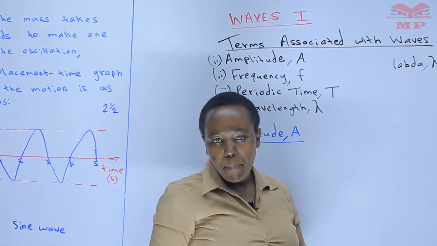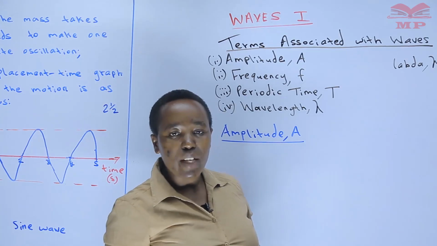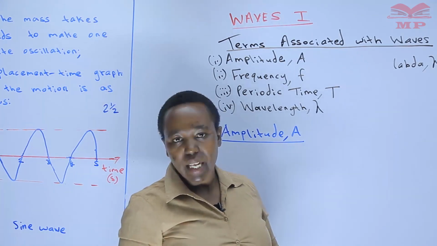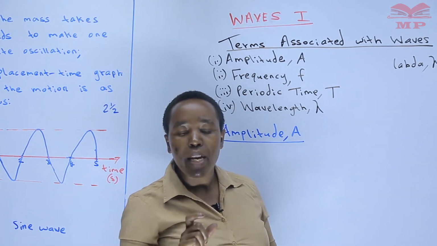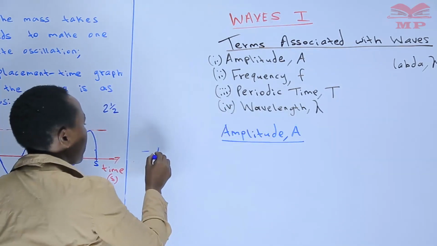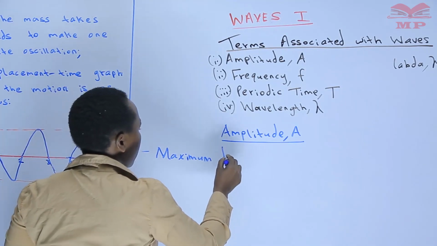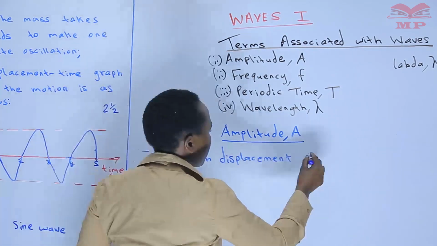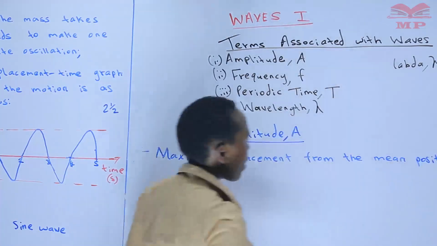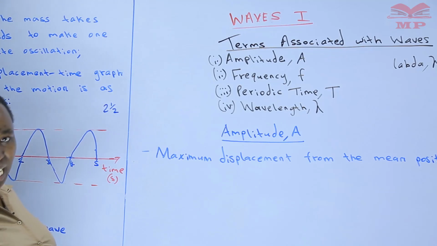So what is amplitude? When we talk of amplitude, it refers to the maximum displacement from the mean position on either side.